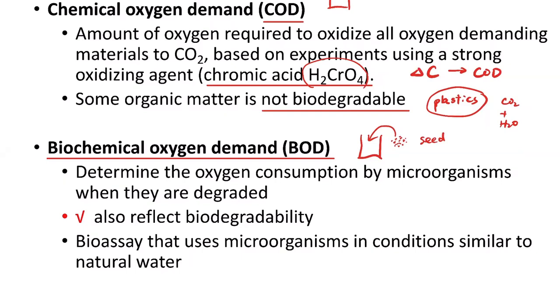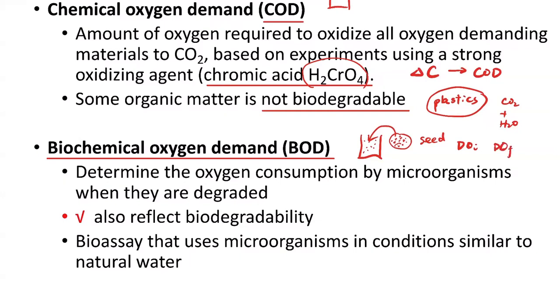Theoretically, if there is organic waste inside, these seeds are going to consume oxygen, similar to what's happening in a river or lake. Then we can measure the dissolved oxygen, or DO, at the beginning when we collect the sample, and at the end, after 5 days or 7 days. So we have the initial DO and the final DO.